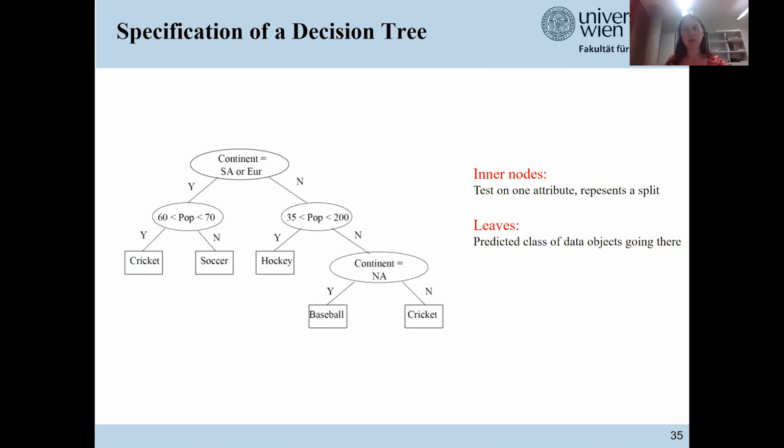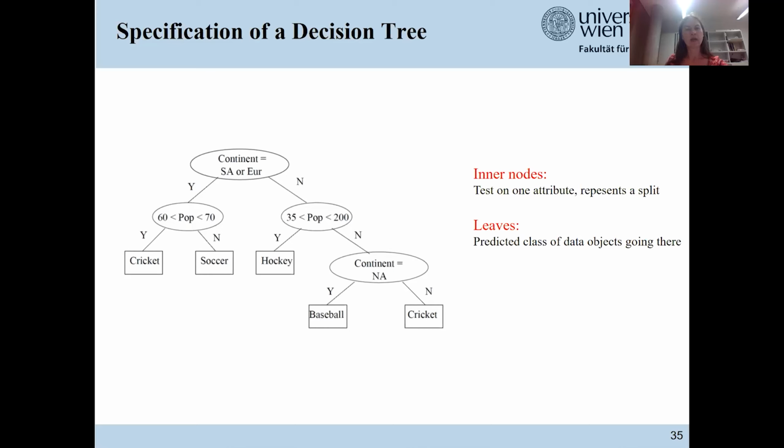But let us look in a bit more detail at what the tree is and how we can build such a tree in the computer. Essentially, we can distinguish between inner nodes and leaves. Inner nodes represent tests on one attribute, and the attribute is a column of our data table. Each of these tests splits the data into two parts.